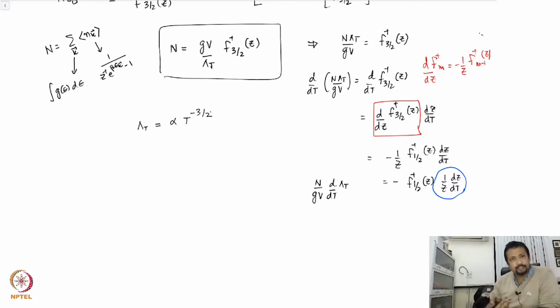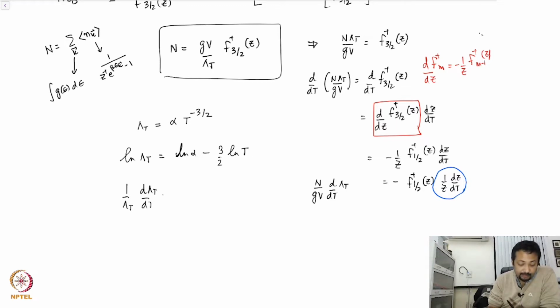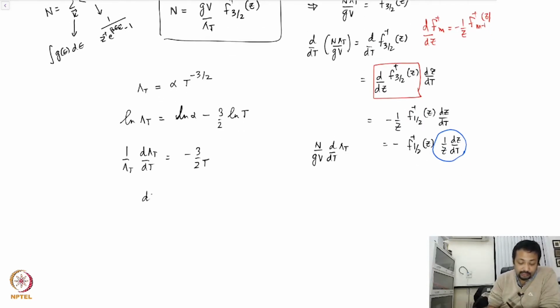Alpha is a constant which I am not very interested in right now in my expression, so that ln lambda t is ln alpha minus 3 half ln t, and therefore 1 over lambda t d lambda t dt is going to be minus 3 by 2t, which means d lambda t dt is going to be minus 3 by 2t times lambda t.